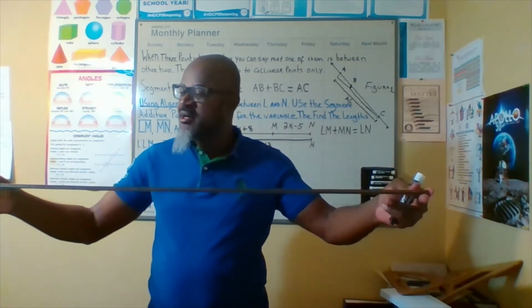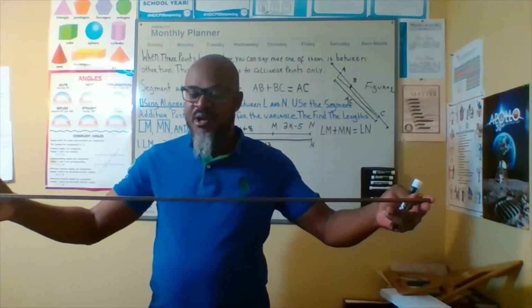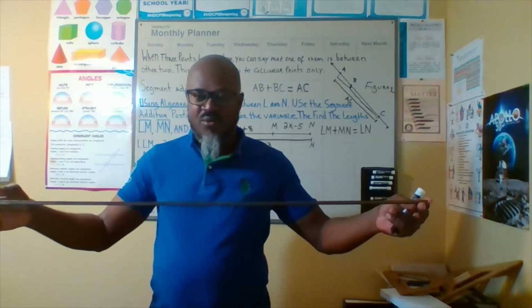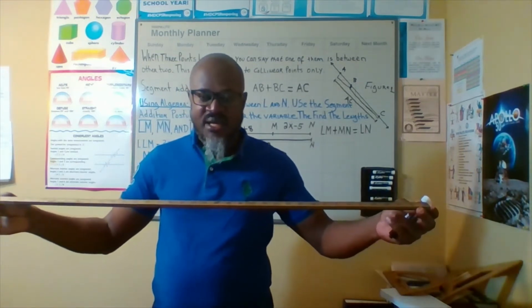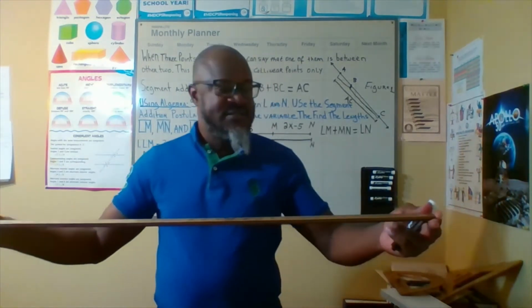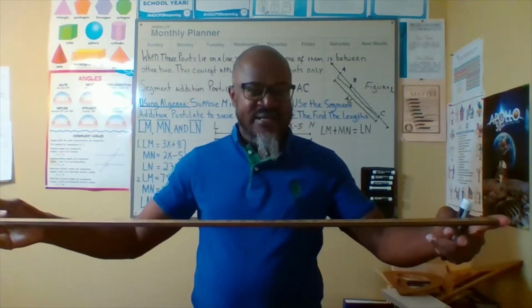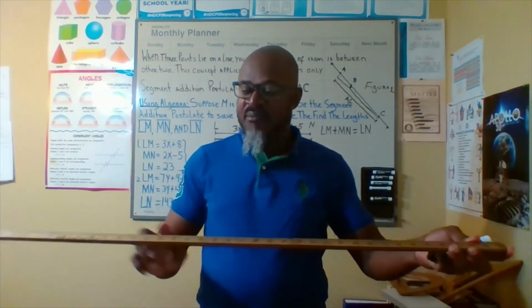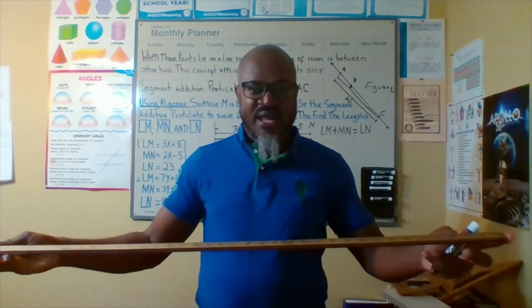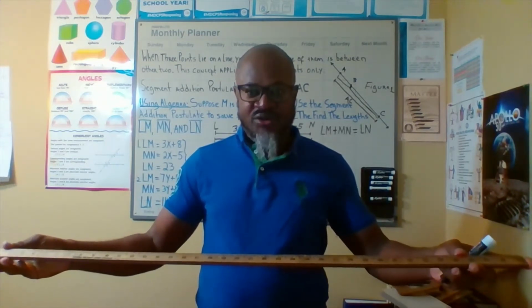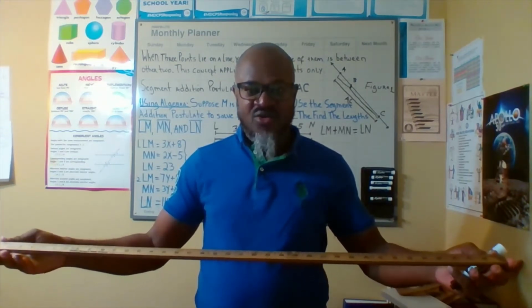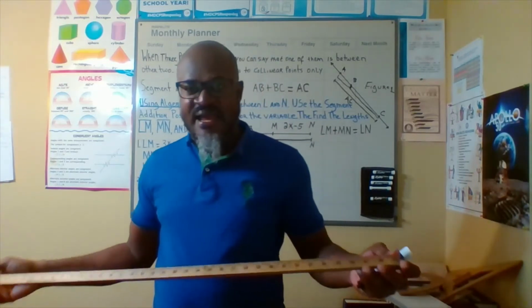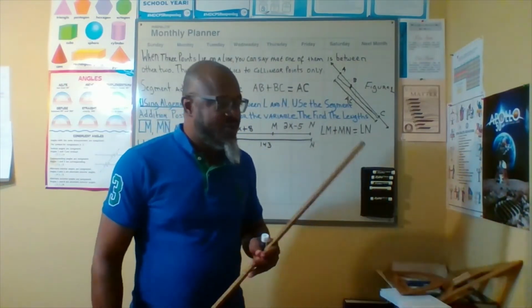This is one point, this is the other point, and the other one is somewhere between. Let's say this is L, M, and N. We can take LM plus MN, let it equal LN. That will be your equation, my friend.